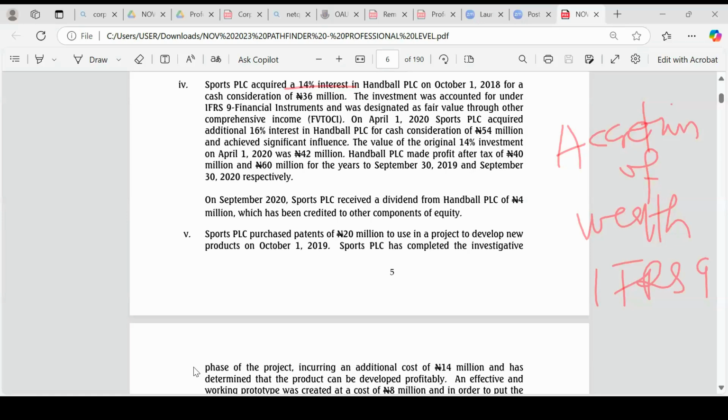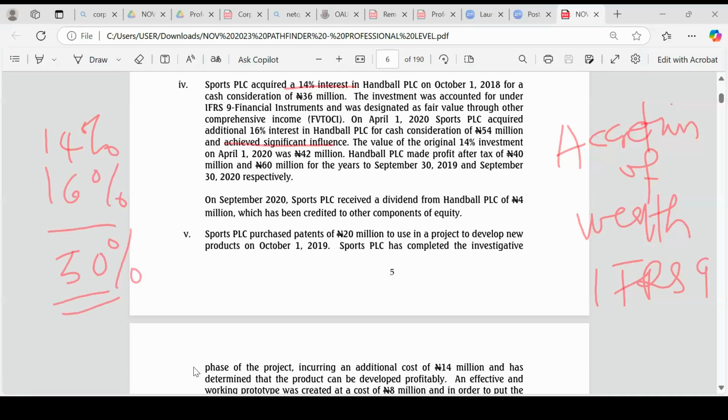Okay. Immediately they tell you that they achieved significant influence. Oh, it means that they want you to treat it as an investment in associate, right? But do they meet the cutoff? Yeah, they used to have 14%. Now they have an additional 16%, bringing the total holdings in Handball PLC to 30%.